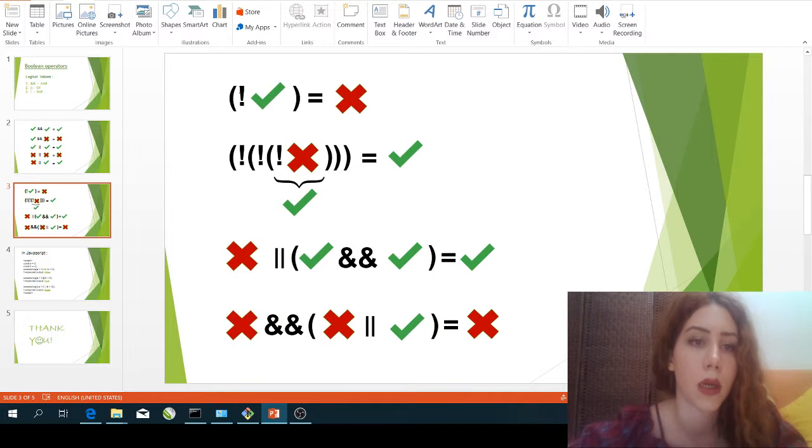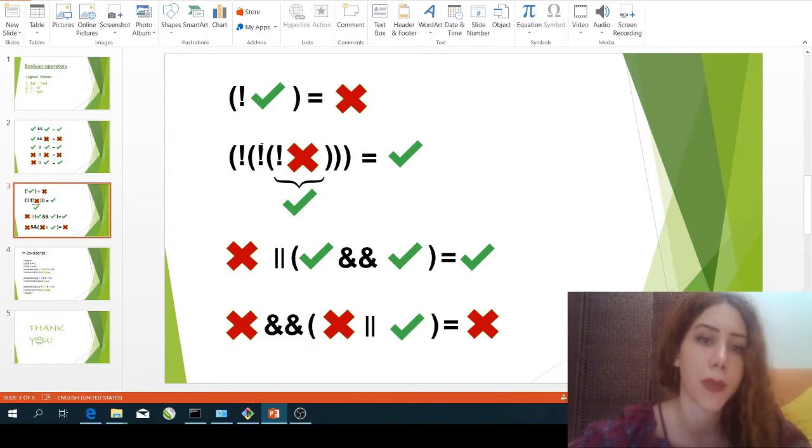And this sign which we talked about is not. This means not. For example, not true equals false. Now let's make it a little bit harder. In order to solve this problem, first of all we must consider the very inside of the parentheses, just like in mathematics.